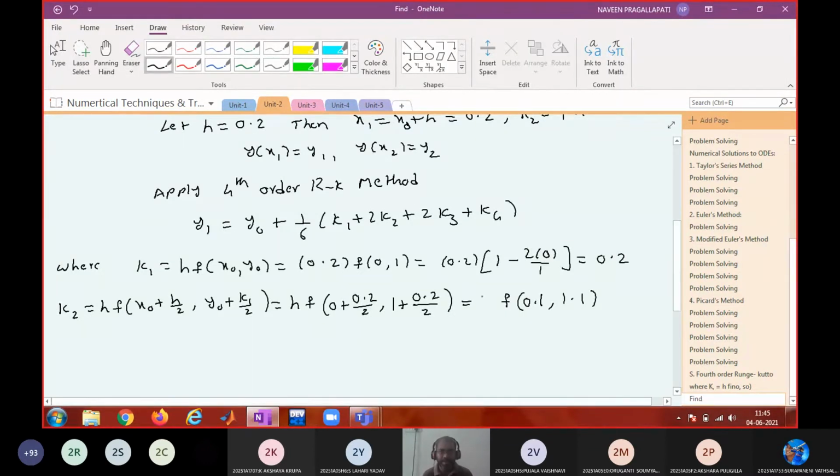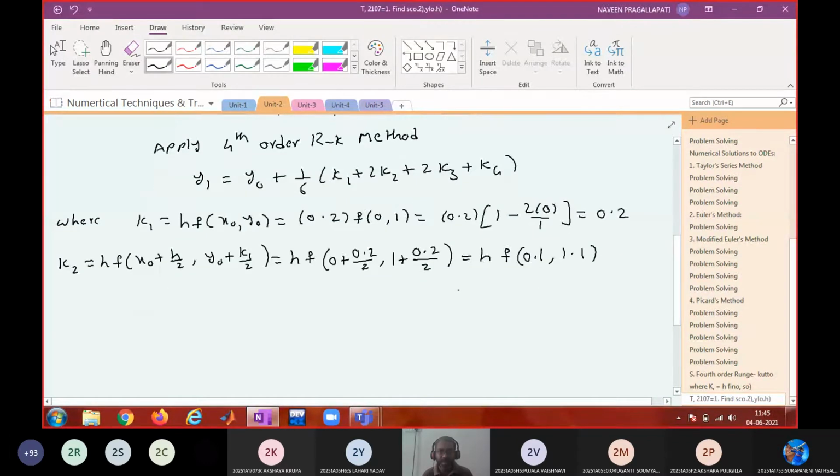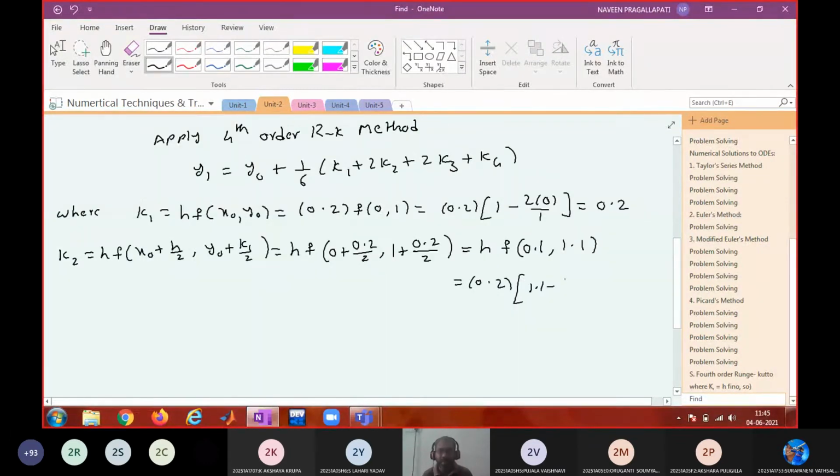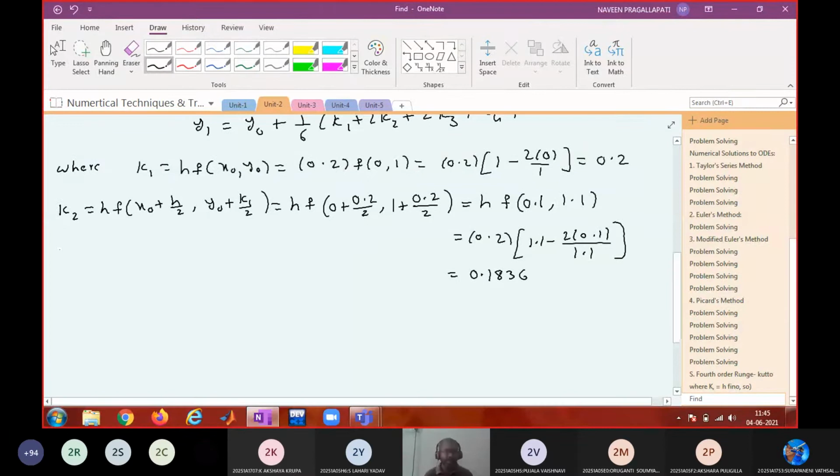So this is 0.2 into y minus 2x by y, which is 1.1 minus 2 into 0.1 by 1.1. Now substitute the values. Use your calculator and tell me this. 0.1836. Any small mistake here will lead to completely different values.